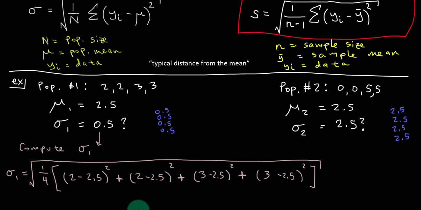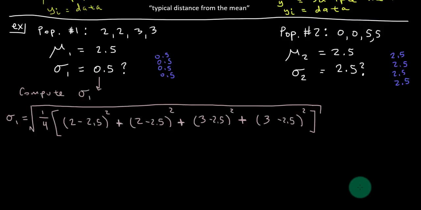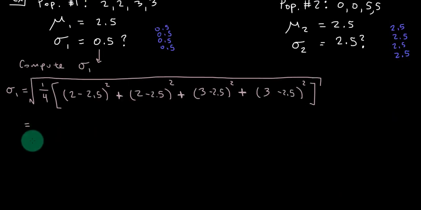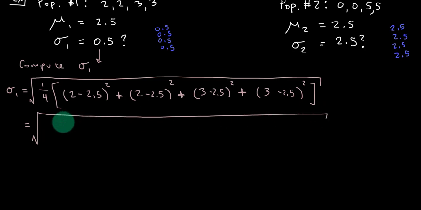We've got all our values plugged in, and now it's time to rock and roll. I'm going to need a little more space here. Equals, we keep the square root. We're going to keep the division by 4, and we will simplify. The value in the parentheses is a 1/2.